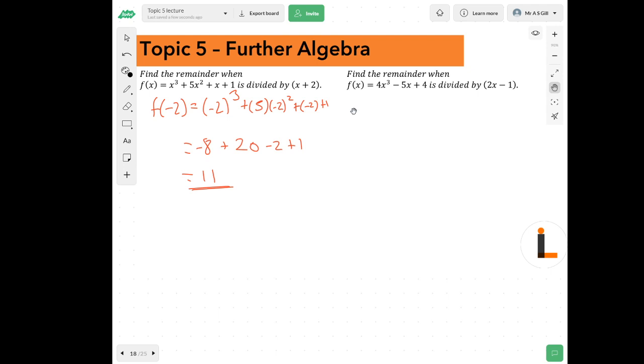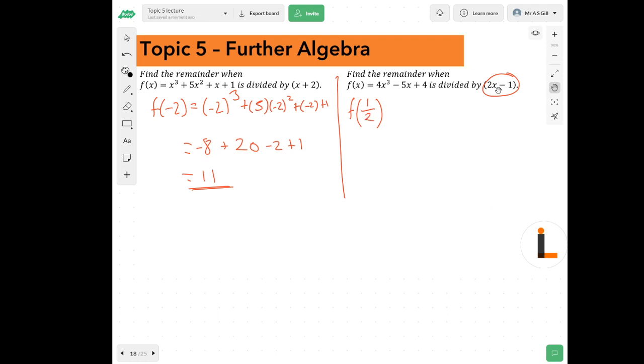For the right hand side, be very careful and think carefully about what we're going to be substituting in to represent this bracket here. So we should be substituting in f of a half.